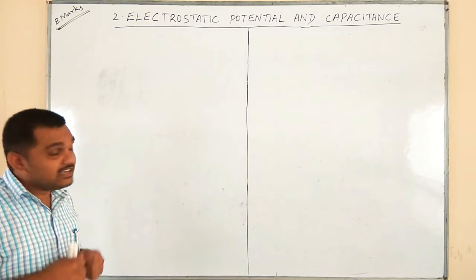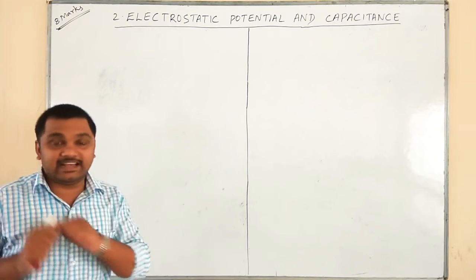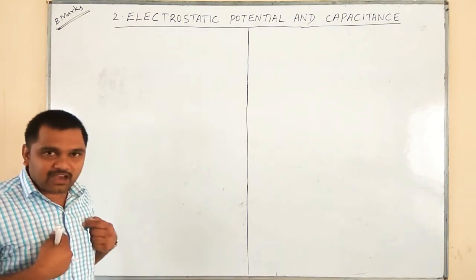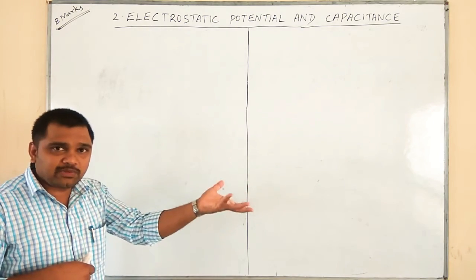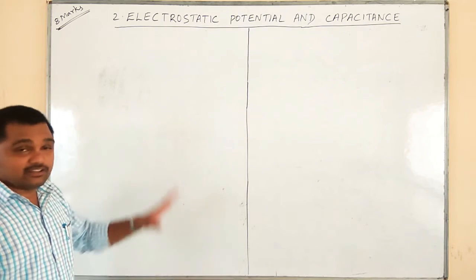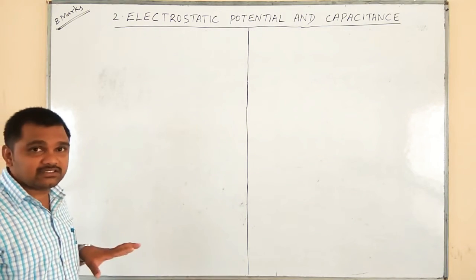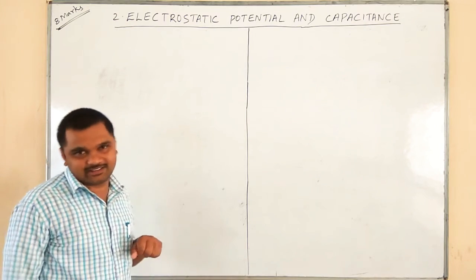Doing something needs energy, isn't it? If we have energy, then we can do that work. So, whenever work is done, some amount of energy has been spent. That is the actual meaning. Therefore, potential is the word which has something to do with work.